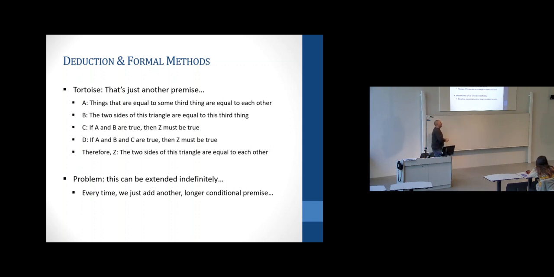That also makes it susceptible to immunity, because every time you say, oh, I don't believe the conclusion, you just add another premise to make it believable. But what's happening is every time we add another premise, it's just moving the bubble in the carpet one layer back. It's never addressing the problem.